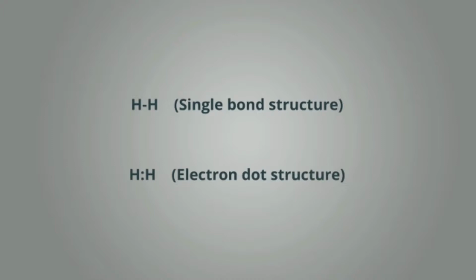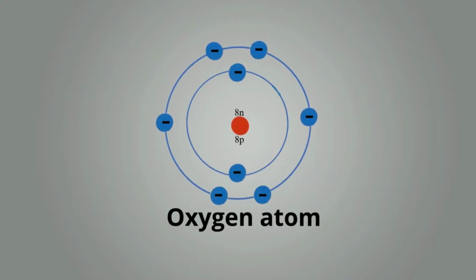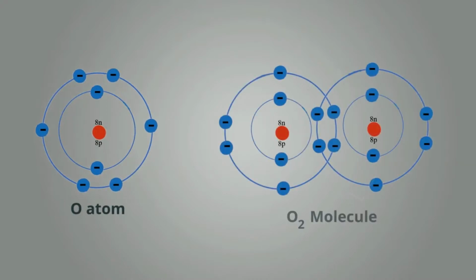Now let us try to understand the covalent bonding in oxygen. Its electronic configuration is 2, 6. It needs 2 electrons to attain octet configuration, that is 2, 8. So two oxygen atoms share 2 electrons each.